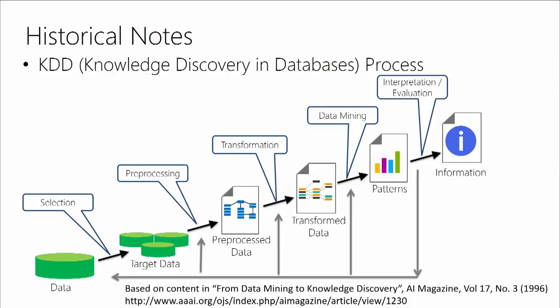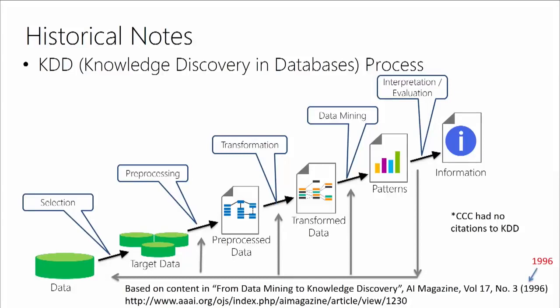Okay, so this is what's called the KDD process, Knowledge Discovery in Databases, which was published way back in 1996. And it has these five steps. So selection, preprocessing, transformation, data mining, interpretation. Does it look familiar? It should, because these are the same five steps that appeared on the previous slide. Right? Same exact steps.